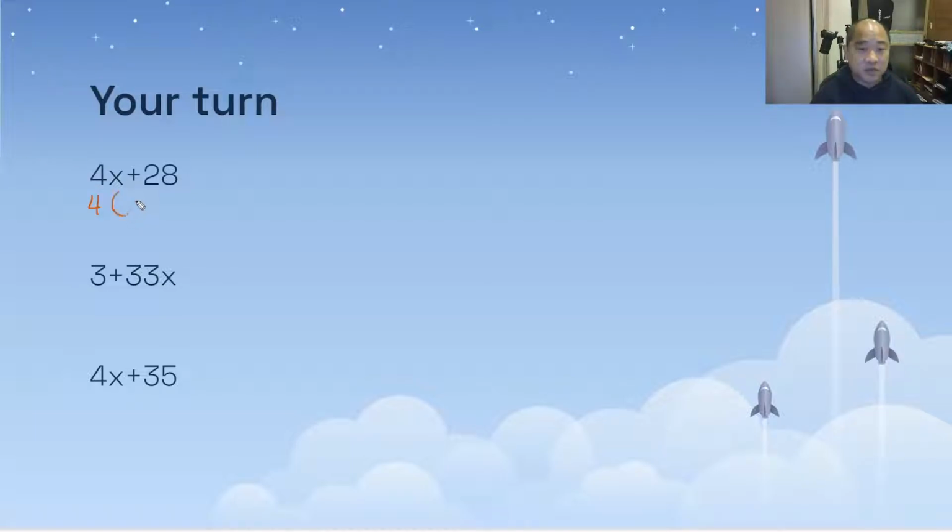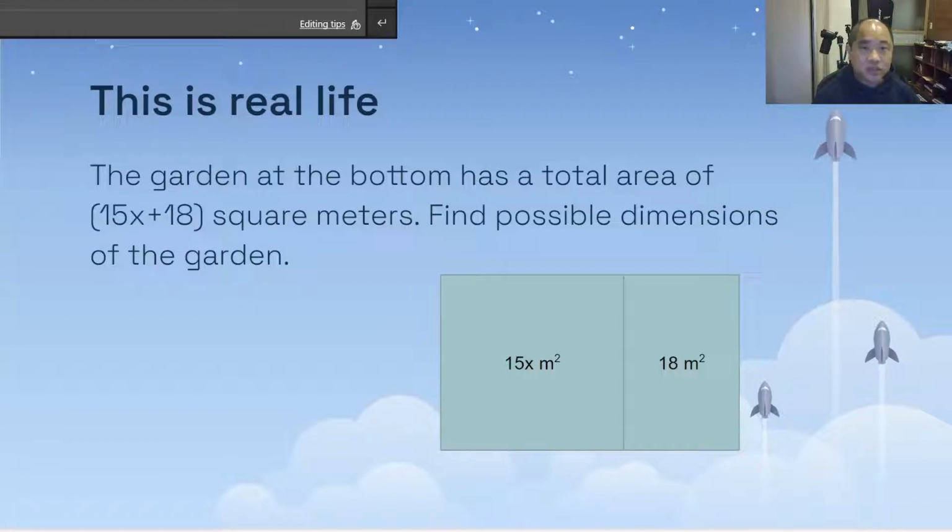This is going to be 4 times x plus 7. This is going to be 3 times 1 plus 11x. And this one is going to be not able to factor, or cannot factor.